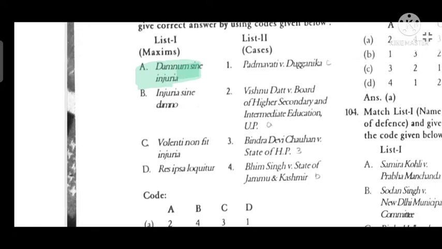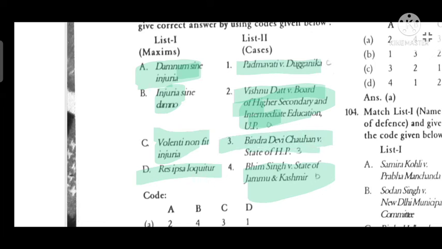Damnum sine injuria. Vishnu Dutt Board versus Higher Secondary Intermediate Education, UP. Injuria sine damno. Bhim Singh versus State of Jammu and Kashmir. Voluntary non-fit injuria. Padmavati versus Dugganaika. Res ipsa loquitur. Bindra Devi versus State of HP.